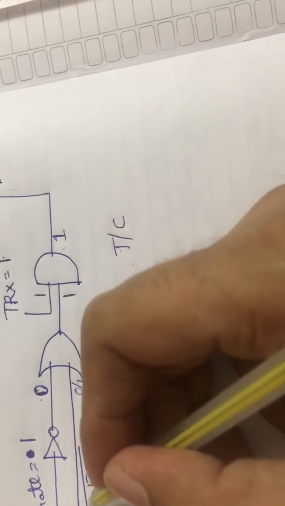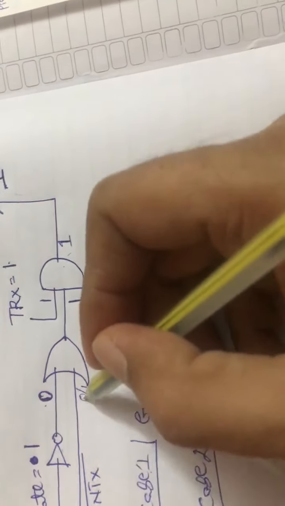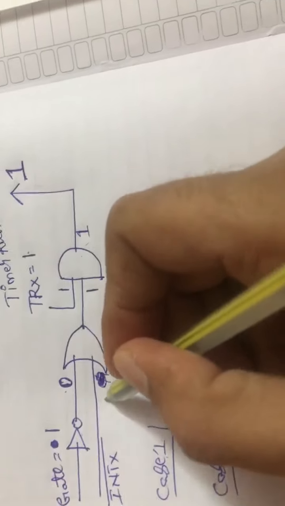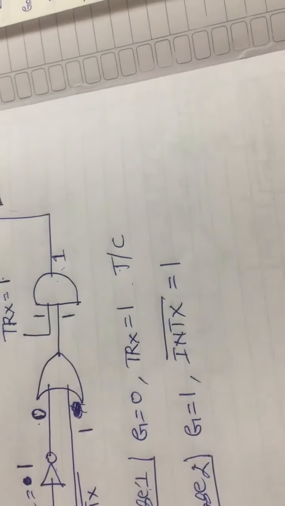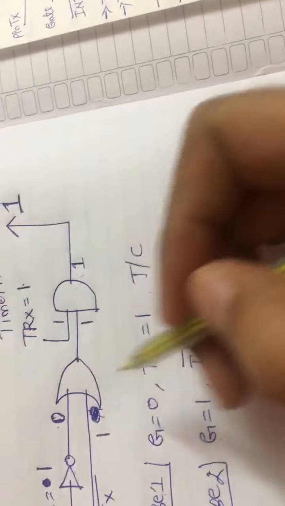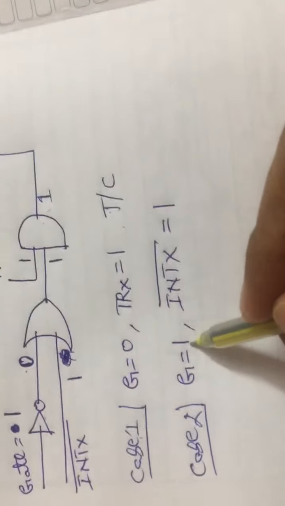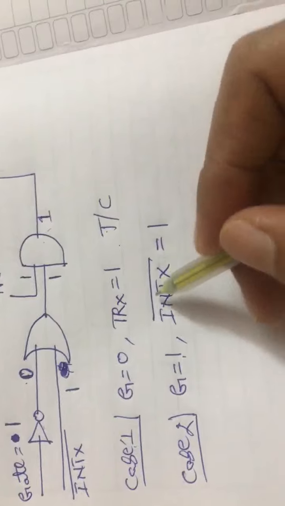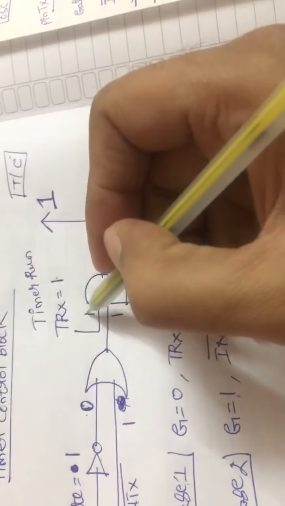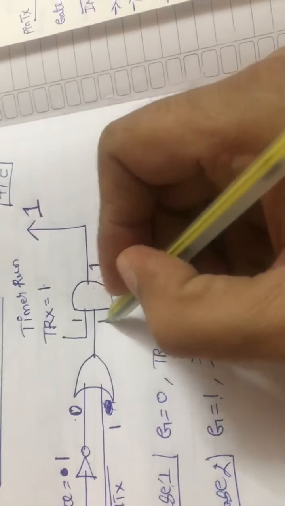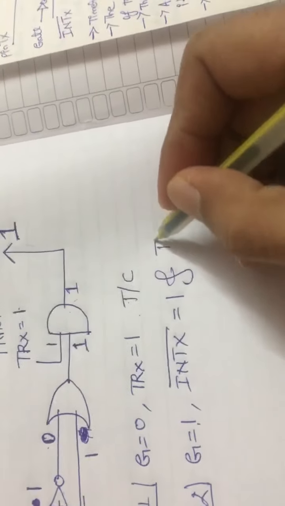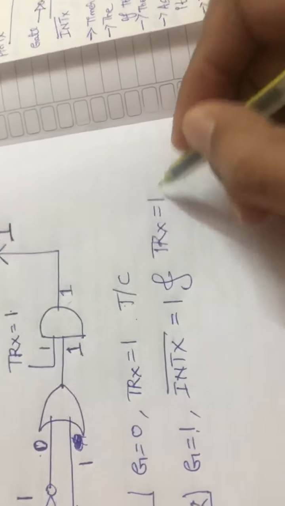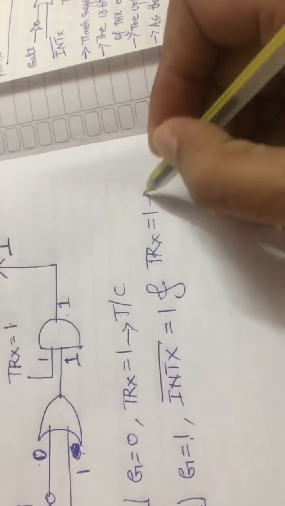We have to make the value of this compulsorily equal to 1, right? After doing so, when GATE is equal to 1, as INTX bar is equal to 1, I will get here 1, right? And also the value of TRX is equal to 1, then only I can start my timer/counter, right?